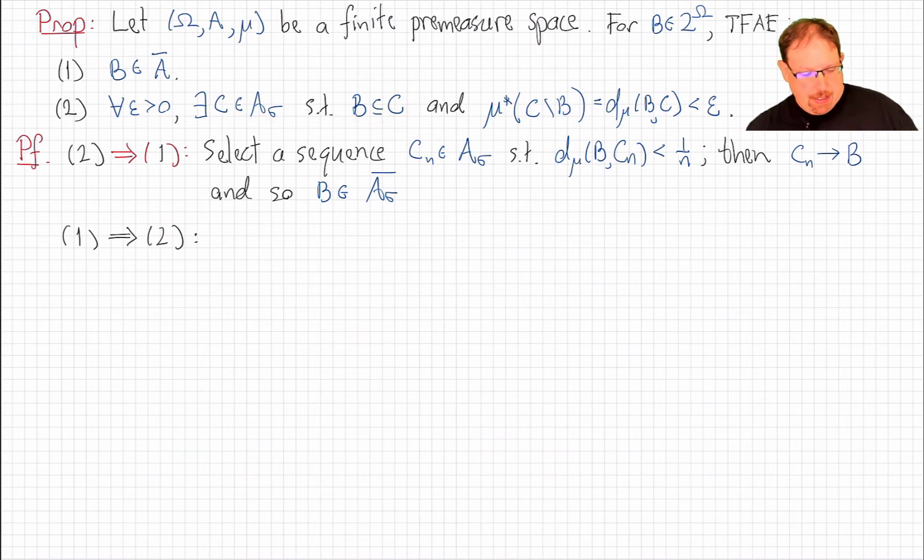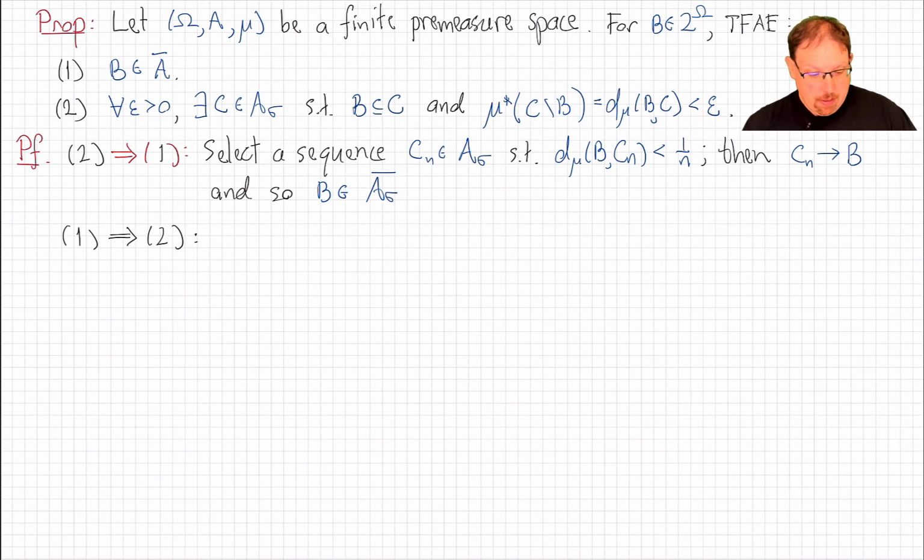To be precise, for every tolerance epsilon, there is some set C in A sigma containing B, so that the outer measure of C minus B is smaller than epsilon. Or, alternatively, we can think of it as the distance between B and C being smaller than epsilon.